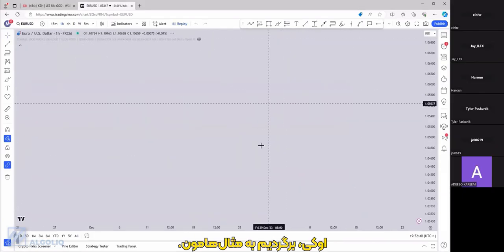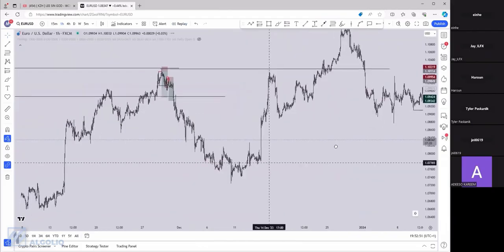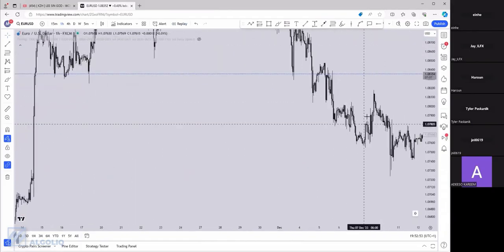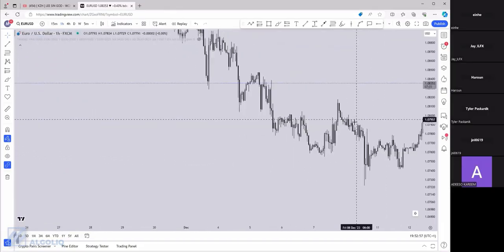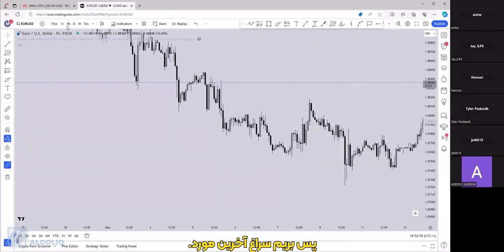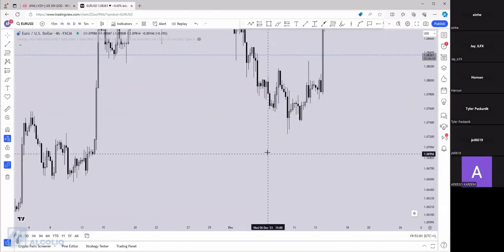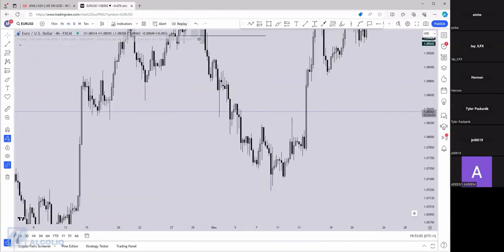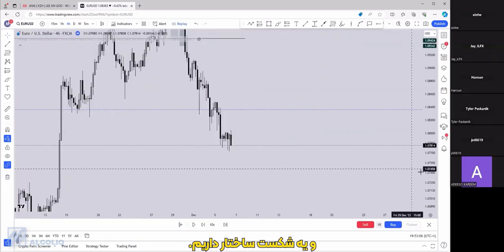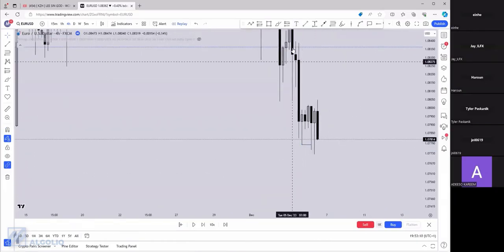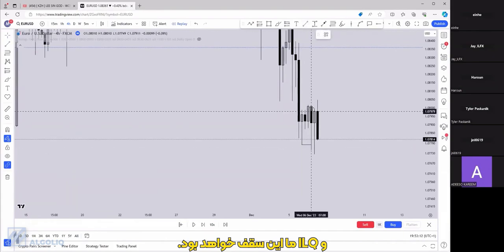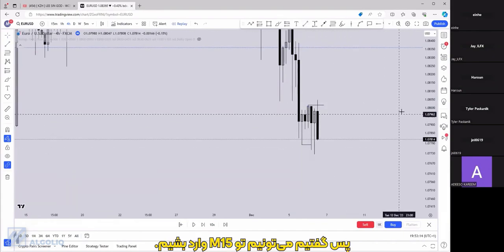Okay, let's go back to our examples. So we'll go through the last one, and we can move on to the next level. So for example here, we have a breaker structure, and our ILQ would be this high, obviously.